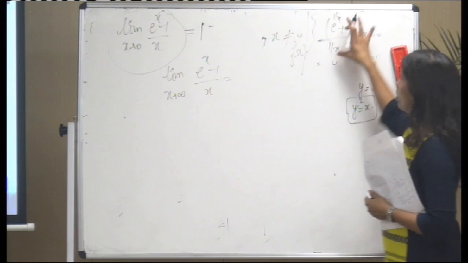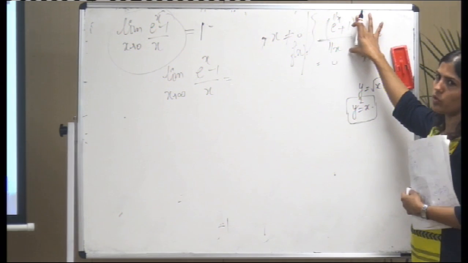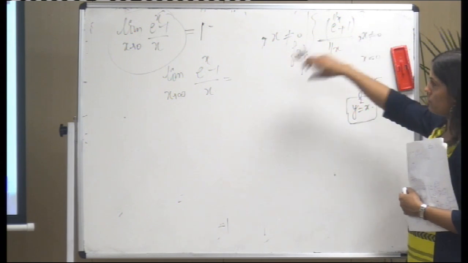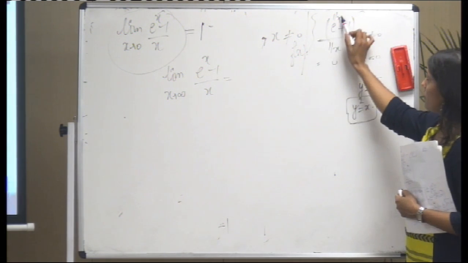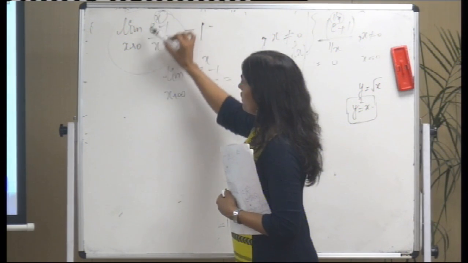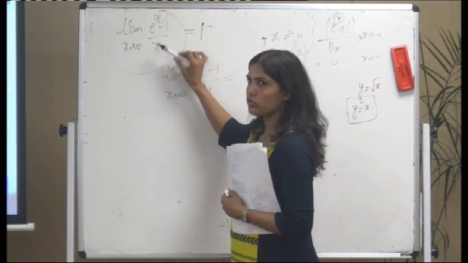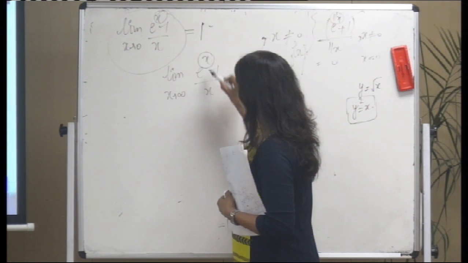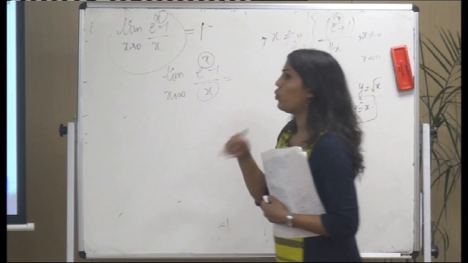That answer you got to know. X to the power 0, at x equal to 0, what will this value be? If this power is tending to 0 and this is also 0, this is 1. If in case this is tending to infinity, and this is also infinity, what value will you get?